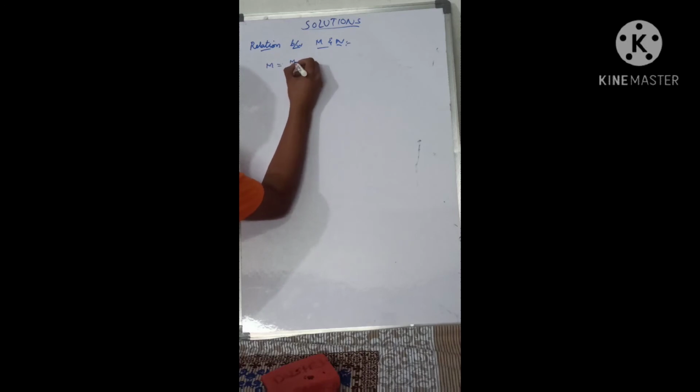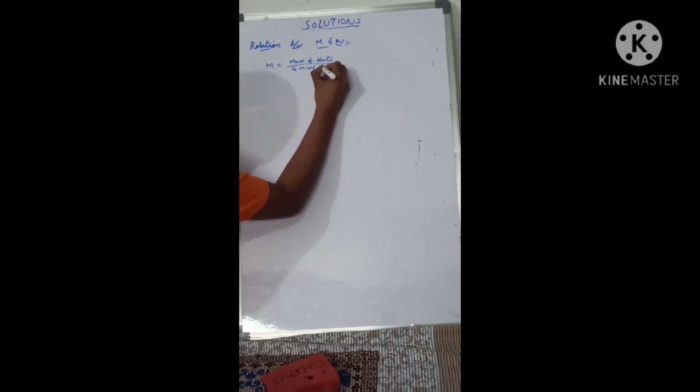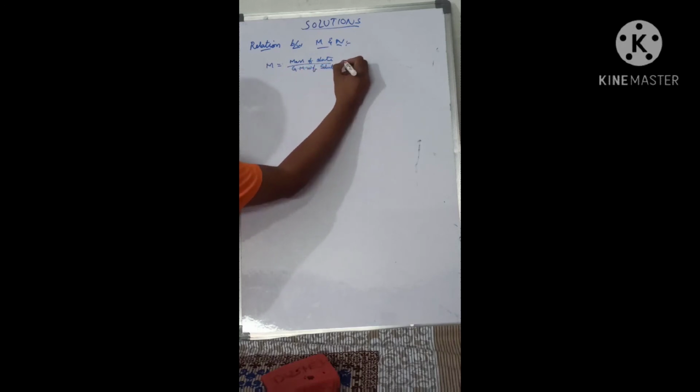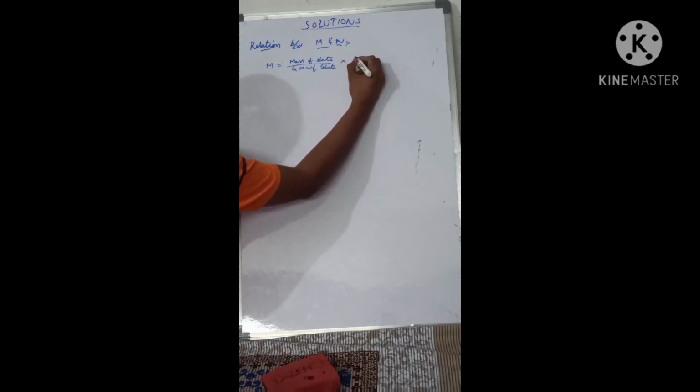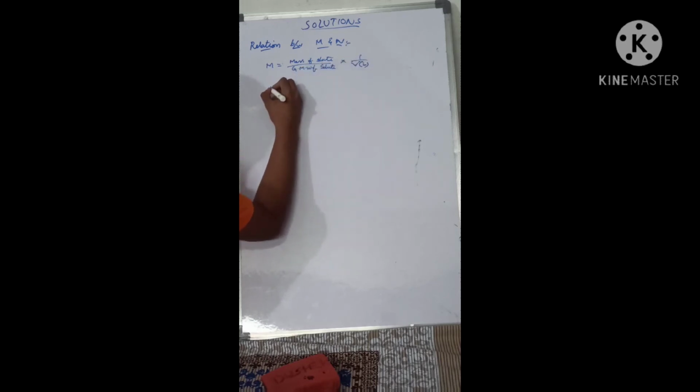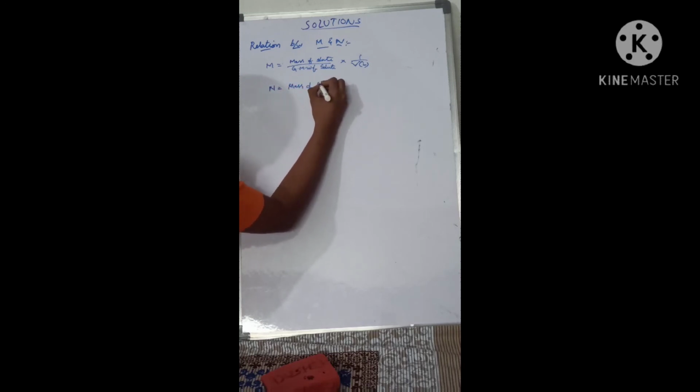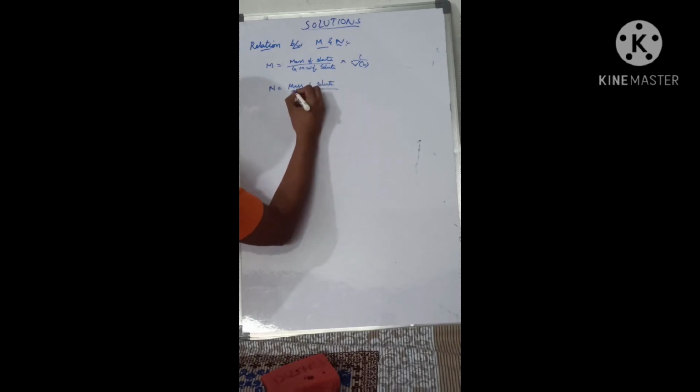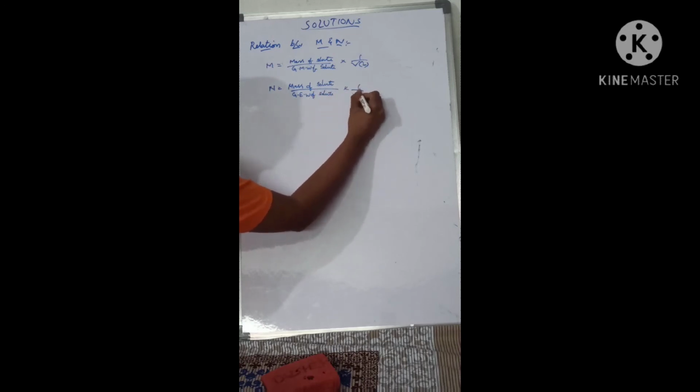Molarity is mass of solute by gram molecular weight of solute into 1 by volume in liters. Normality is mass of solute by gram equivalent weight of solute into 1 by volume in liters.